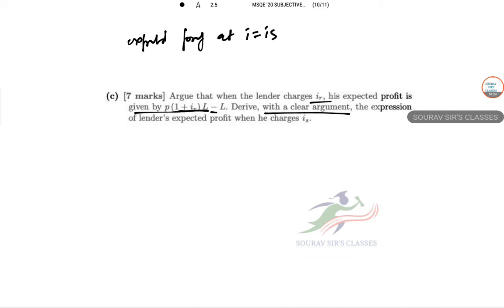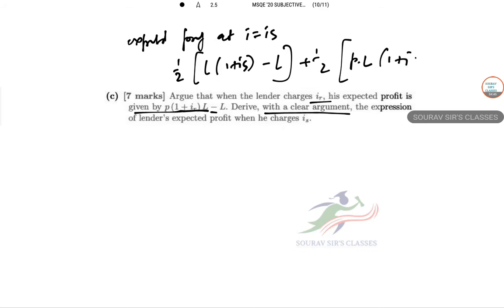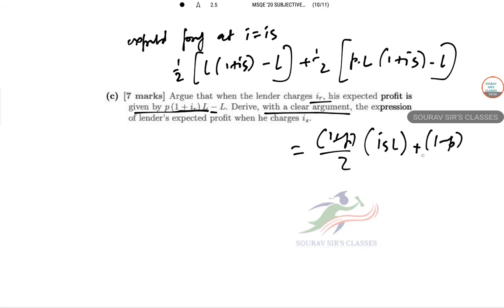Both borrowers would want to borrow, and the lender's expected profit will be half L into IS minus L, plus half P into L into 1 plus IS minus L. So this is equal to (1 plus P) by 2 into IS into L, and (1 minus P) into (2 minus) L. So these two are there.